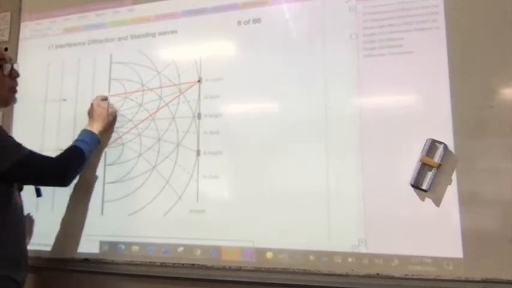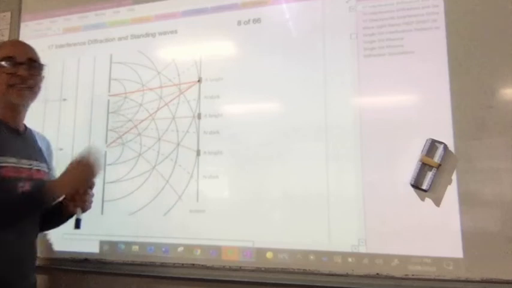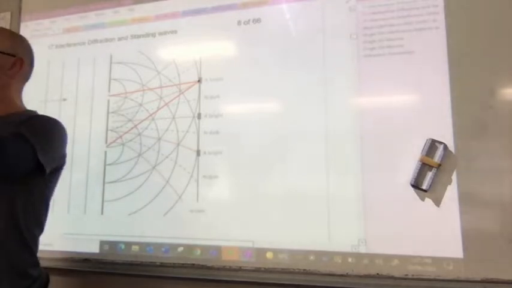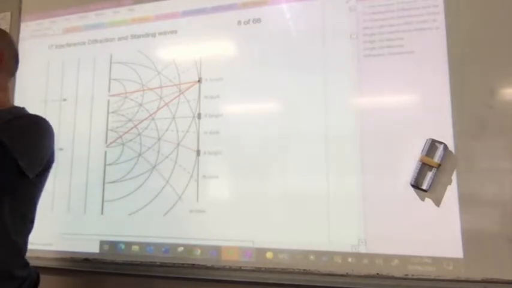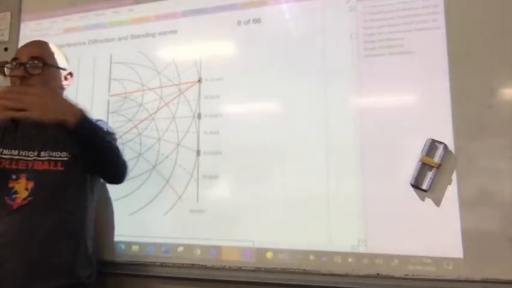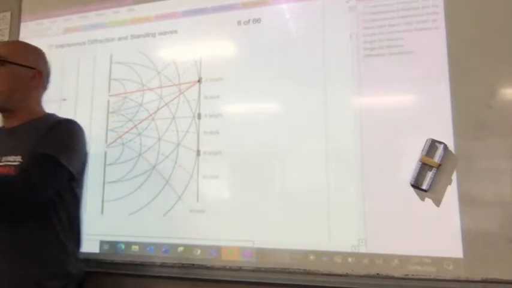So the distance between here and here is shorter than the distance between here and here. But if it is shorter by the correct amount, then you can time it so that the two crests, even though it's the first crest from this one and the second crest from that one, meet at the screen at the same time and interfere constructively.